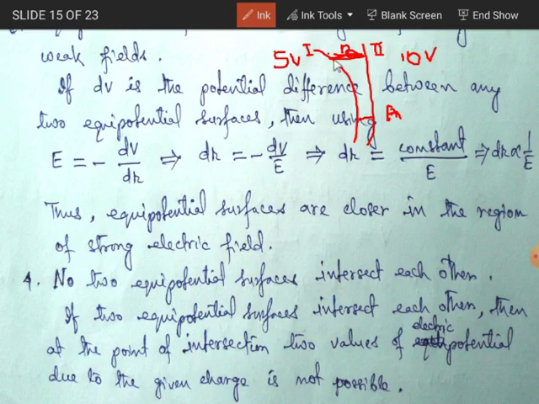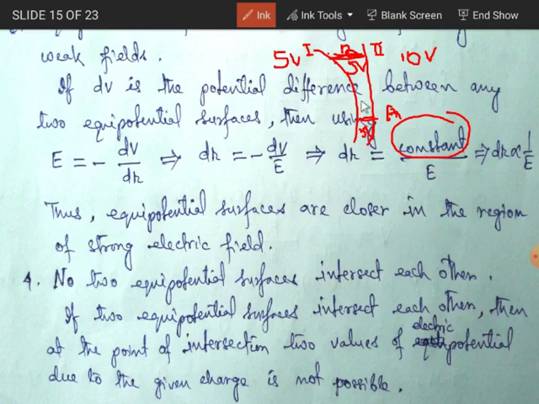The difference at this region is 10 minus 5, which is 5 volt. At this point also the difference is 10 minus 5, 5 volt. So this 5 volt difference between the two equipotential surfaces remains constant at every region.